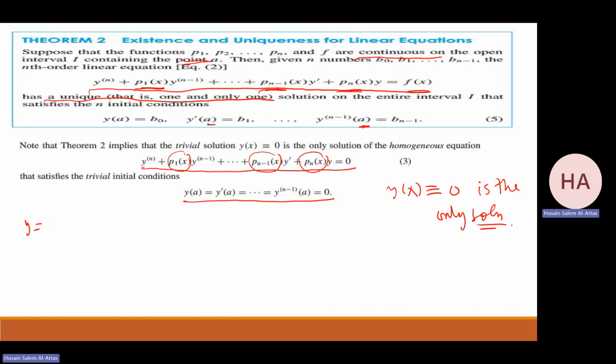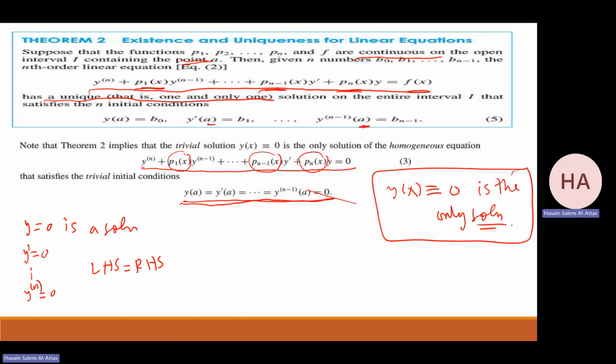And for sure, y equals 0 is a solution. Why? Because if y equals 0, any derivative will be 0. So substituting, left-hand side equals right-hand side. Very clear. So it's a solution and also satisfies the initial condition. So it's the only solution if all of these p's are continuous, provided all the initial conditions are 0.